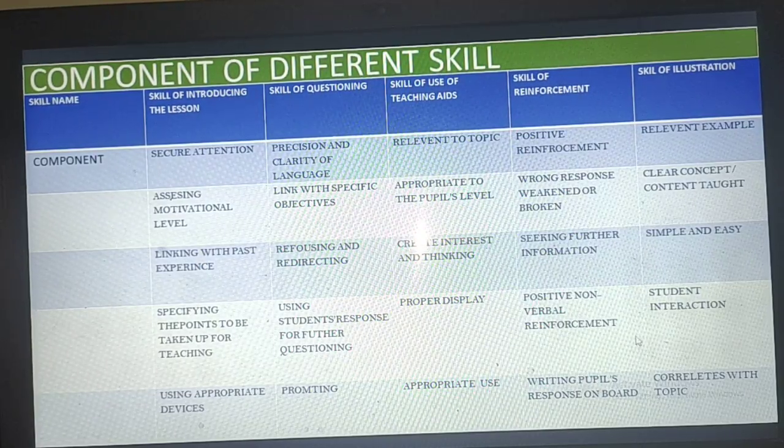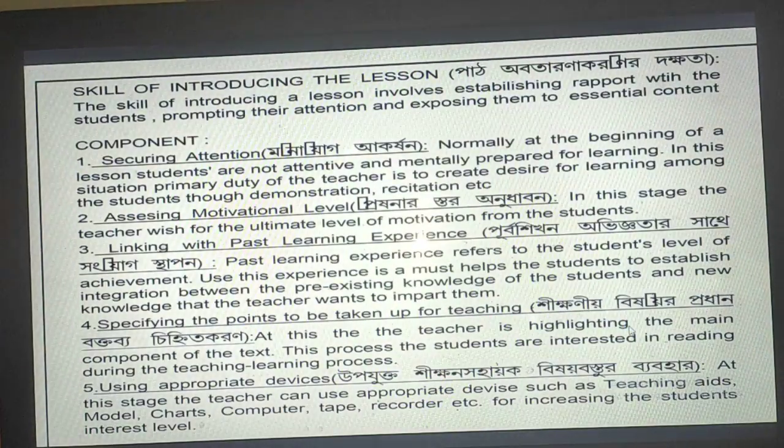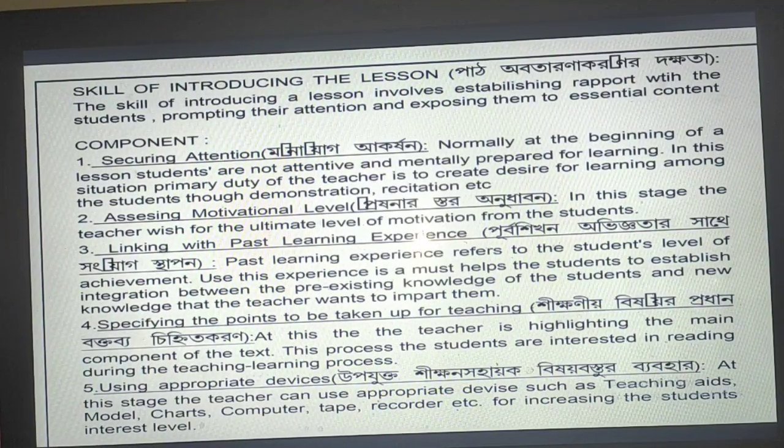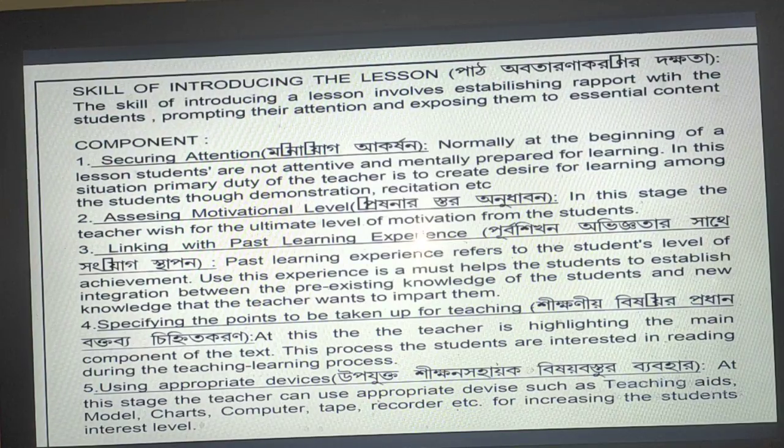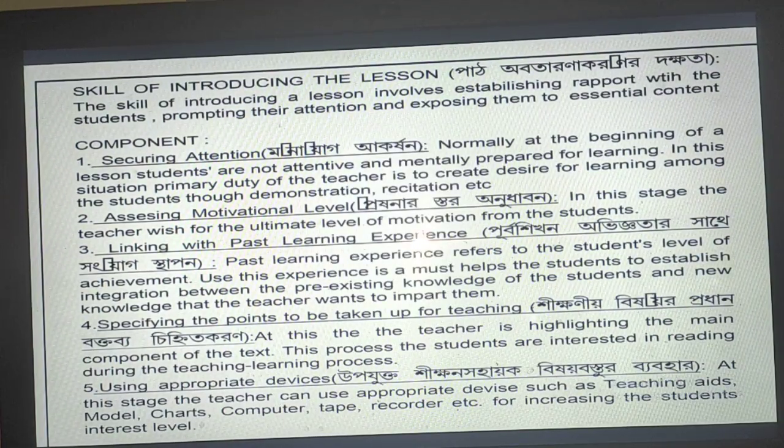Now, we are going to discuss the skill of introducing the lesson. The skill of introducing the lesson is a technique that involves establishing rapport between students and teachers.